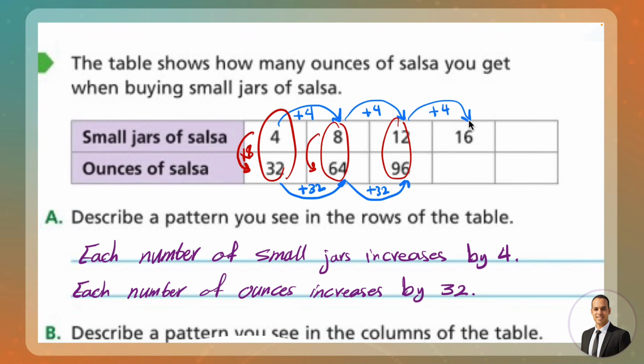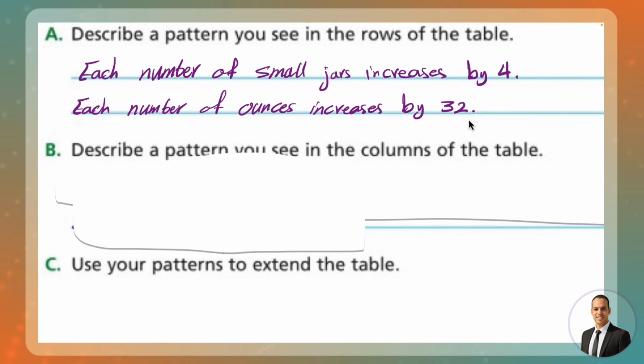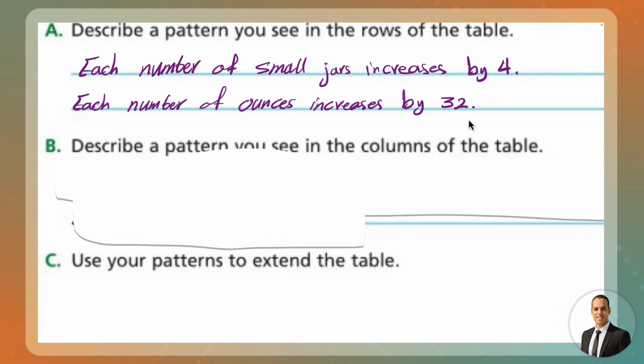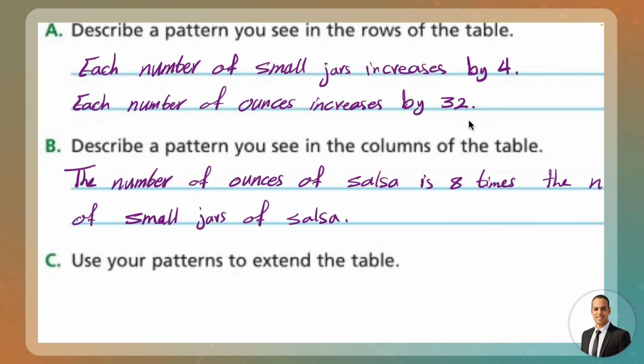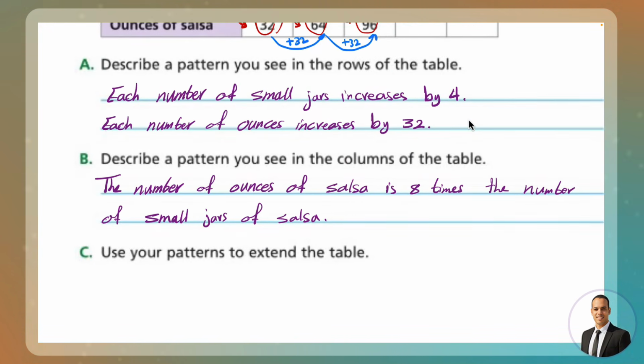And here 8 times 8 is 64. 12 times 8 is 96. So it's like the number of jars you multiplied by 8 to get the ounces of salsa. So how do we describe it? We can say that the number of ounces of salsa is 8 times the number of small jars of salsa.